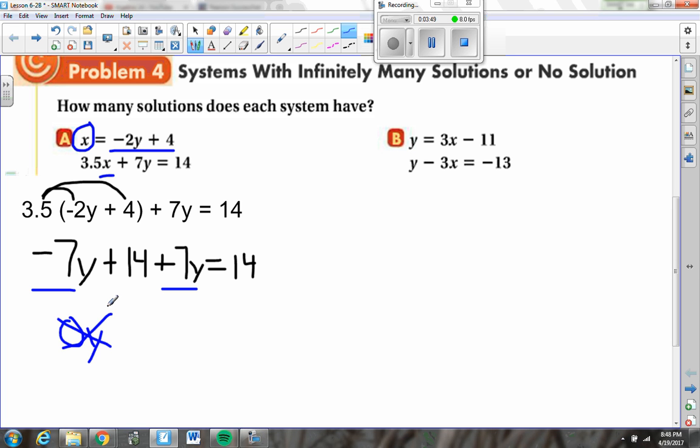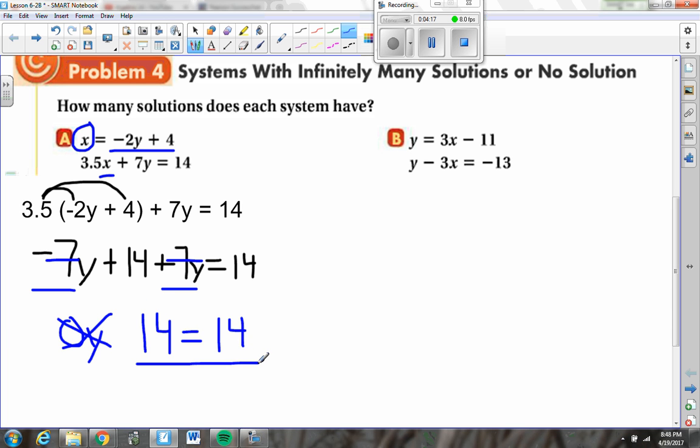And when all of my variables go away, in this case my y's cancel each other out, what's left in my equation? All I have is a 14 on the left side, because the y terms are gone, and then I have a 14 on the right side of the equation.